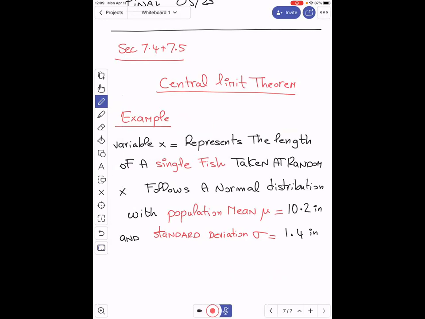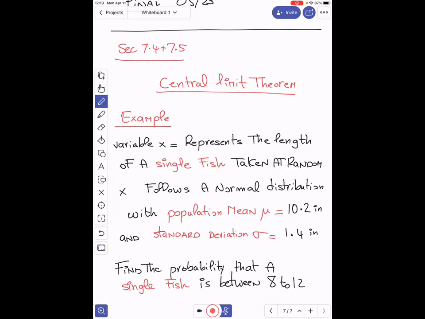Let's say you want to find the probability that a single fish taken at random has a length between 8 and 12 inches.